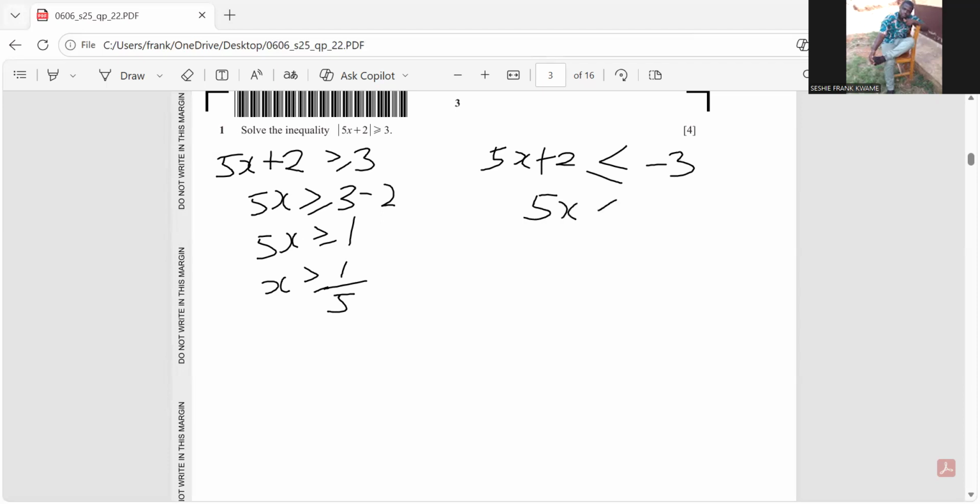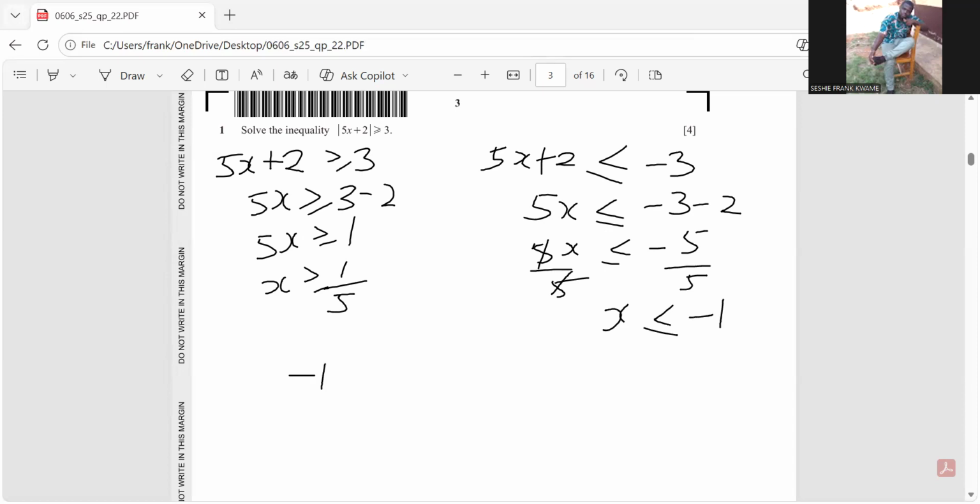So 5x is negative 3 minus 2, 5x is negative 5, x is less or equal to negative 1. Bringing this together, negative 1 is greater or equal to x, and x is greater or equal to 1 over 5. That ends question number 1.